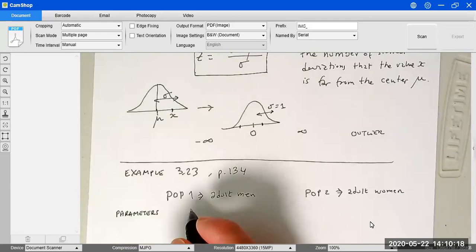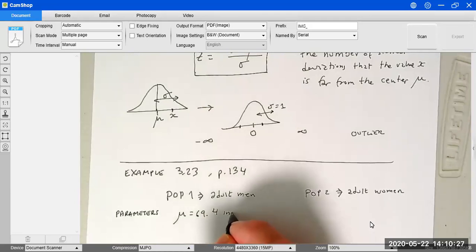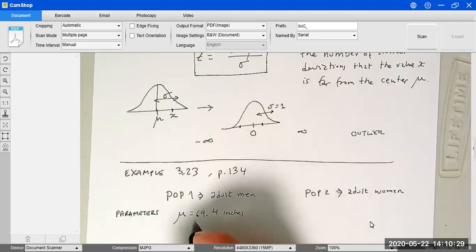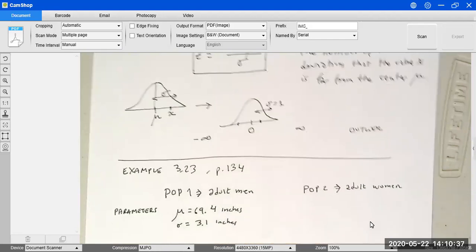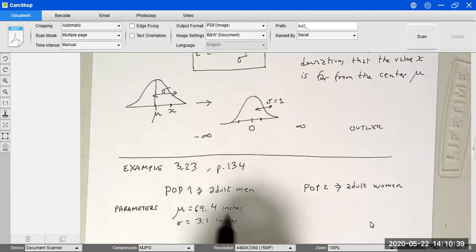We have mu equal to 69.4 inches, and a standard deviation equals 3.1 inches. So these two values are describing a population, the population of adult men.